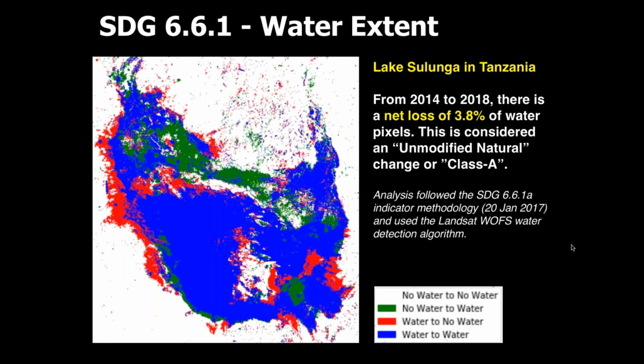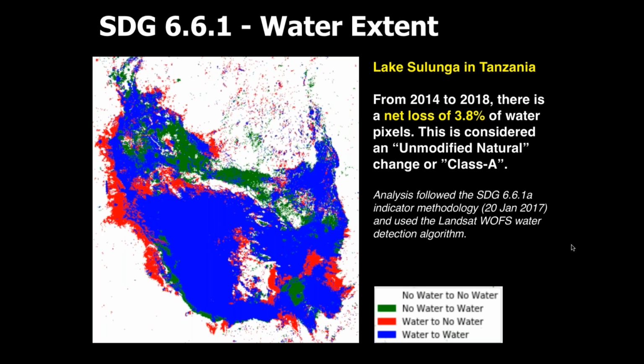And so part of what is done in the Sustainable Development Goal, if you're familiar with the United Nations Sustainable Development Goals, 6.6.1 talks about a methodology for evaluating water extent over time and determining the net loss in water and deciding whether that is considered a significant change, or perhaps, as it is in this case, an unmodified natural change because it's relatively small.